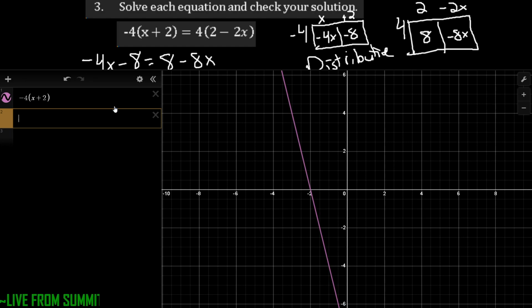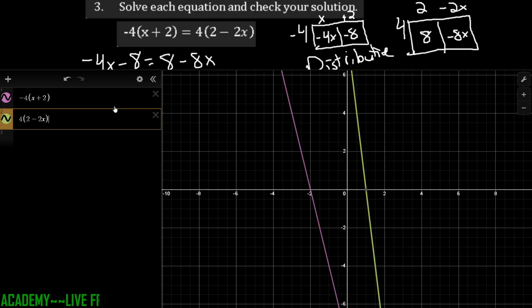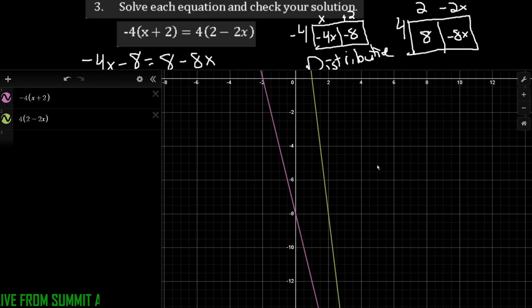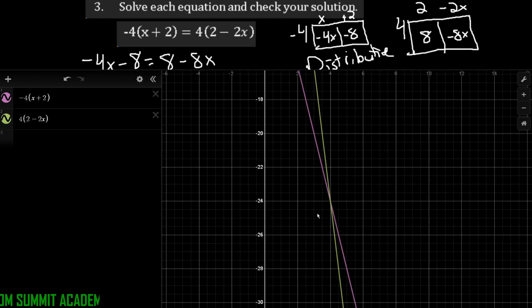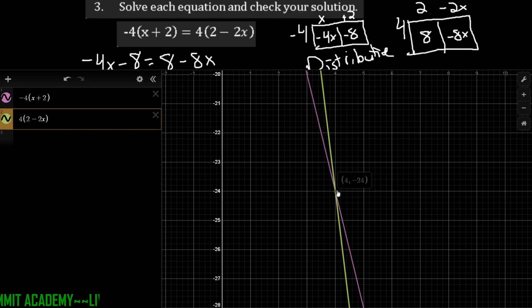And my second equation is 4 times 2 minus 2x. You might have to move your graph around, but that's okay, because as soon as you find where they cross, we're going to say that's equal. So they're equal at x equals 4.